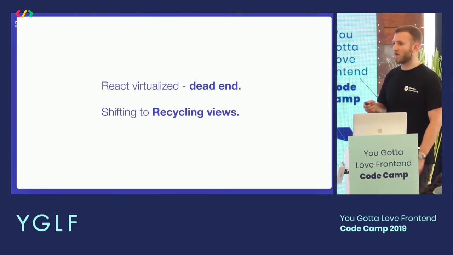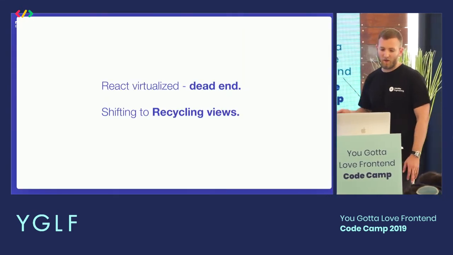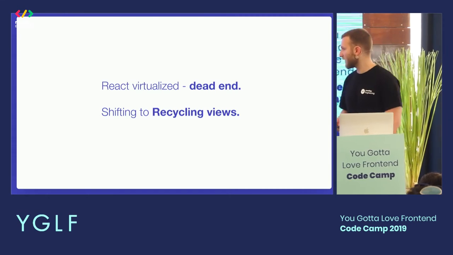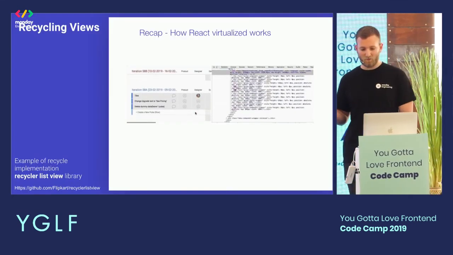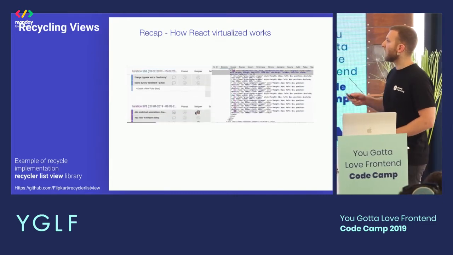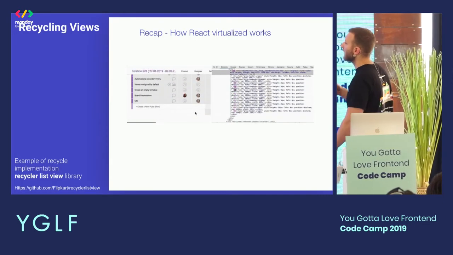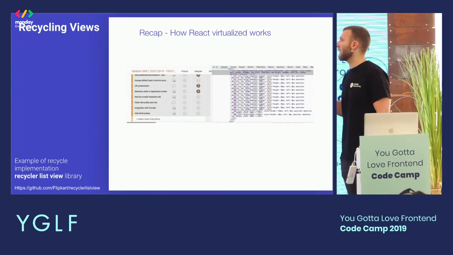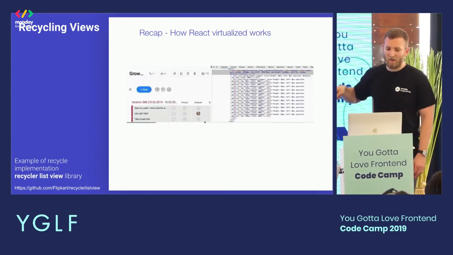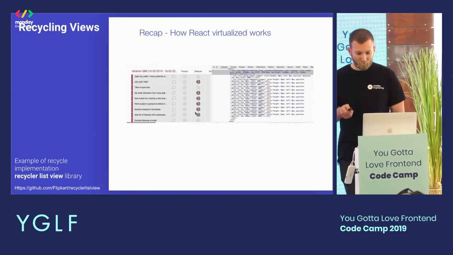So we understood that with React virtualized we had reached a dead end, and we needed to shift to something else, and we found the recycling views concept. So what is recycling views? Before that, let's show how React virtualized works, just to remind you. We remove the first element in the list in order to show the last element and to create it.